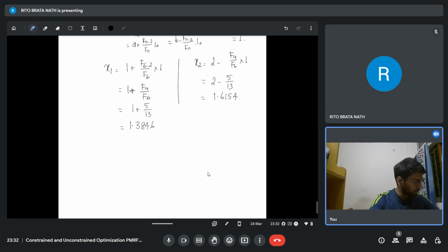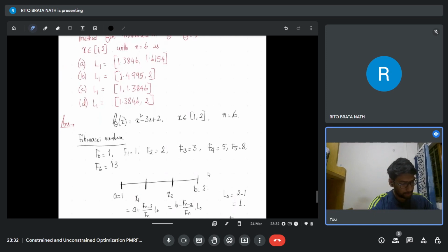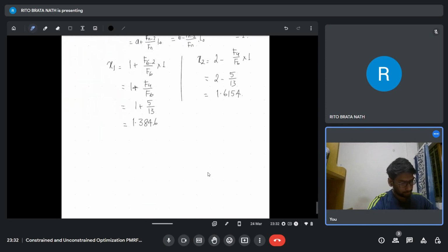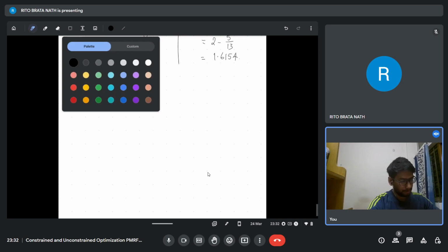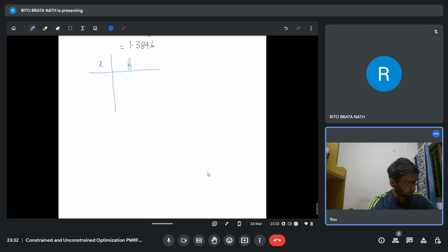Okay, so let me now find out the function values at these points. The function expression is given. So I'll create another table as before. This is x, this is f. At 1, the function value is 0.